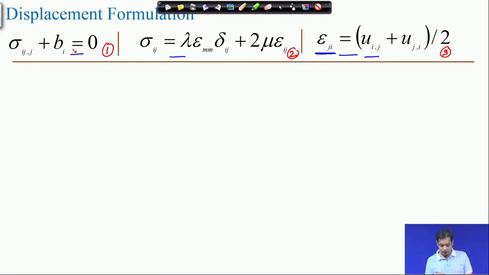You can parallelly do this exercise with me. So sigma ij becomes, plus it is sigma ij,j.